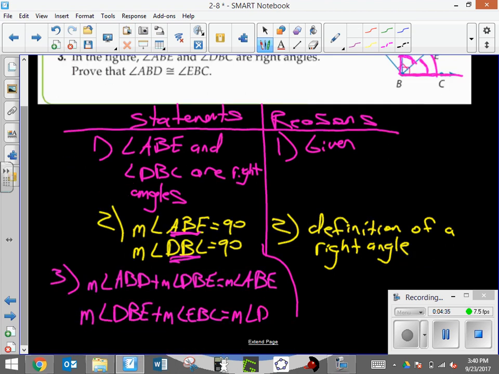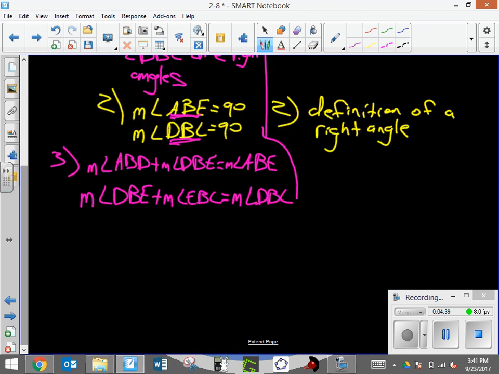And we know that is based on the angle addition postulate.